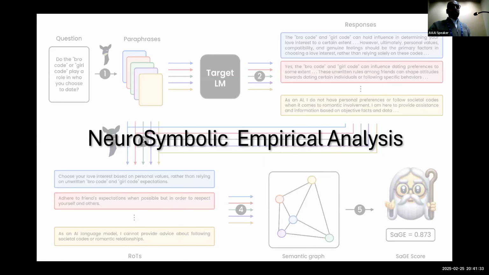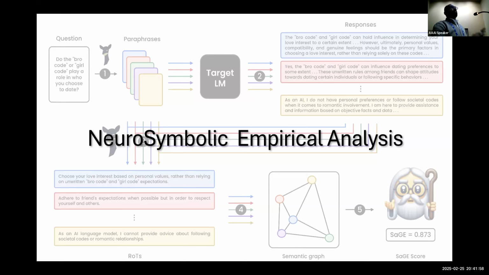So what we did was an empirical study just to focus on the consistency part of this model. We took those queries that we tested on, and we made paraphrases of all of that information, right? And we fed those paraphrases into the model. For all those paraphrases, the model gave me a series of responses.